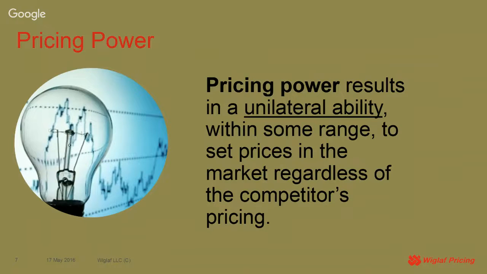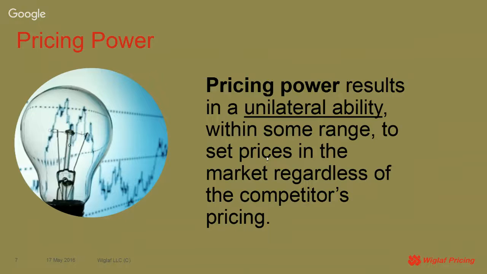Now, pricing power results in a unilateral ability within some range to set prices in the market regardless of your competitor's pricing. A unilateral ability to manage prices regardless of a competitor. Now, many firms have no pricing power, but some do.